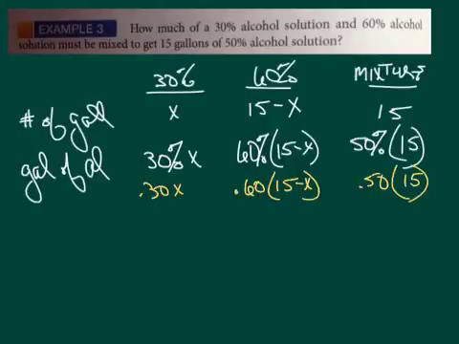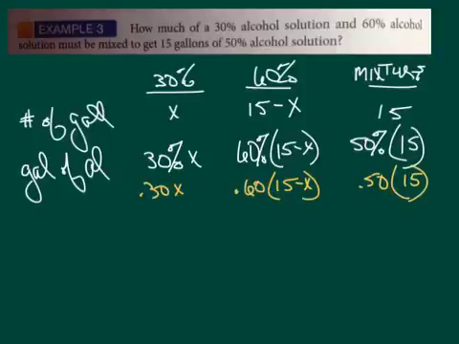Okay, so let's see that everything is there correctly. What we're looking for is that the alcohol here equals the amount of alcohol here. So if we add these two together, we'll get this solution.